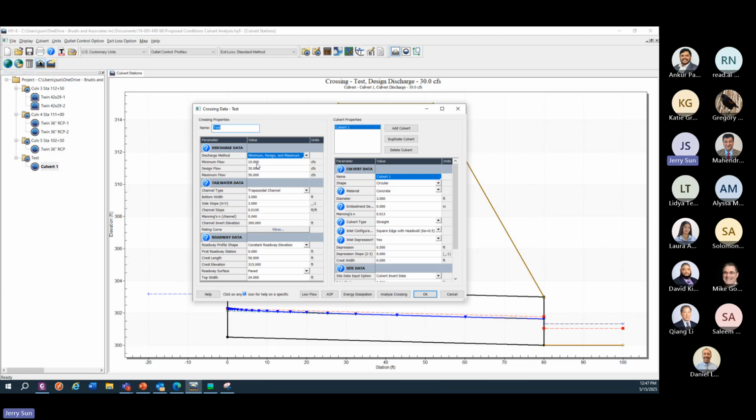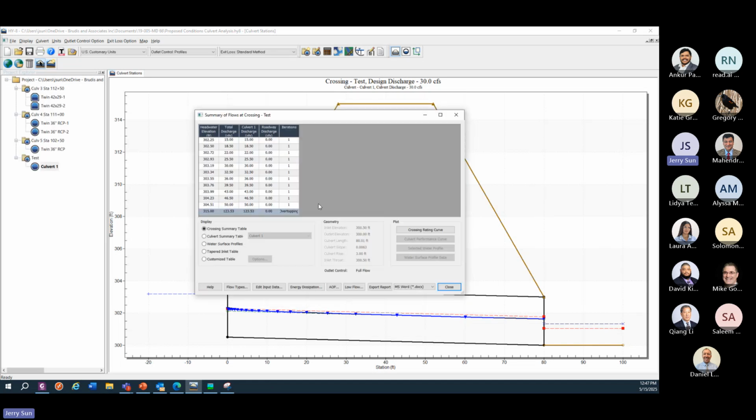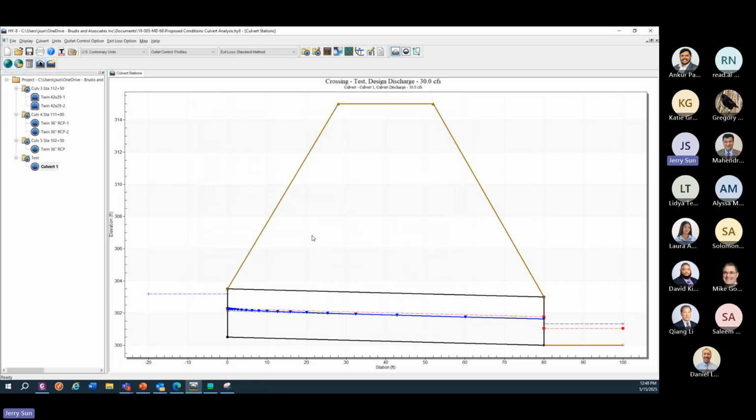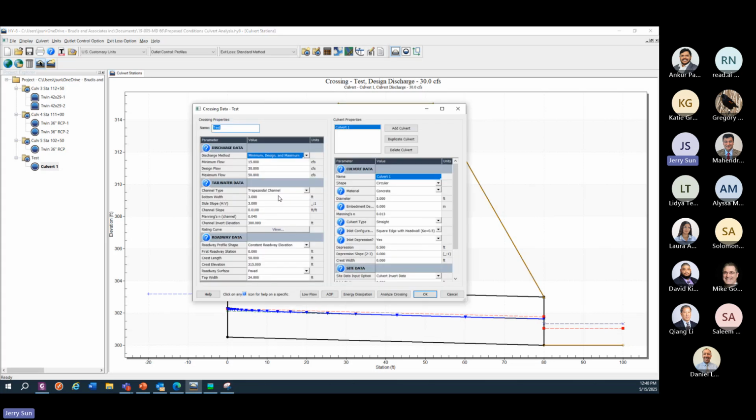For example, if I want to see the 2 years, 15 water elevations, so headwater elevation, you put a 15, you run, it comes out 15. Except the design, the rest of them, it doesn't matter much. But just input what you want to look at exactly for water elevations.